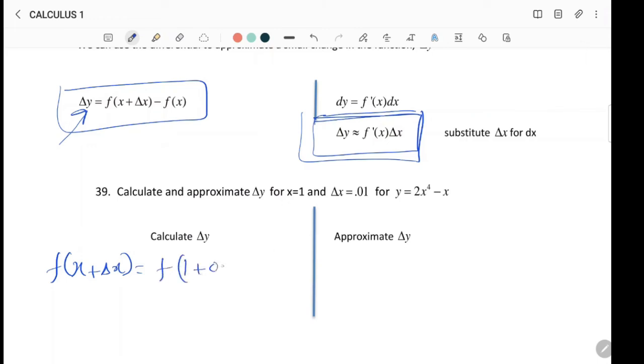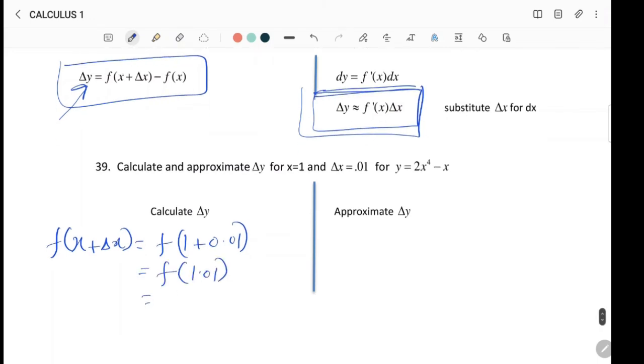x is 1 and delta x is 0.01. So f of 1.01 we need to find first, which is 2 times 1.01 to the power 4 minus 1.01, which is 1.0712.